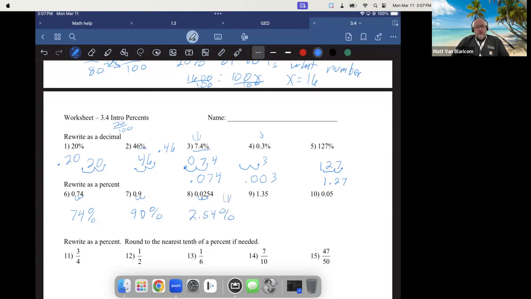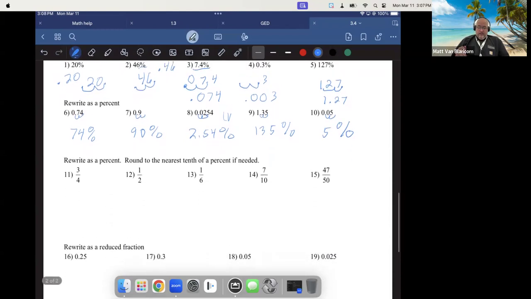By putting that sign, I'm not really changing anything. So the same goes here. I'm going to move 1, 2, and we get 135%. Same thing here, 1, 2, and we're going to get 5%. Sounds pretty easy if you ask.